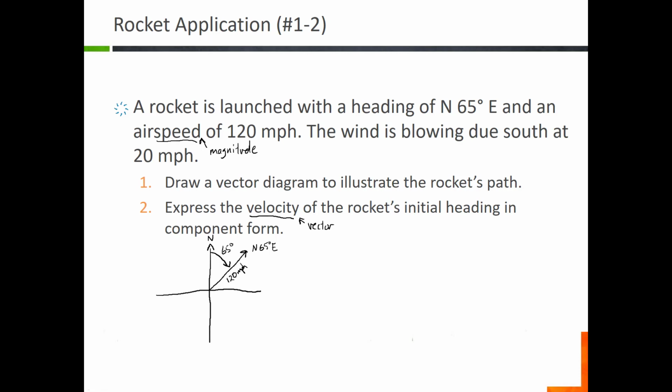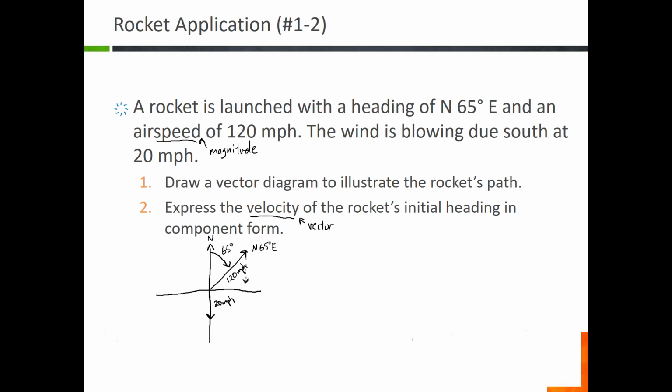At the same time, we have a wind blowing due south at 20 miles per hour. I'm probably not drawing this to scale very well, but this is 20 miles per hour. I could have drawn the 20 miles per hour off the tip of the first vector, over here, but I just chose to draw it at the origin. It doesn't really matter. So that's what our illustration would look like.